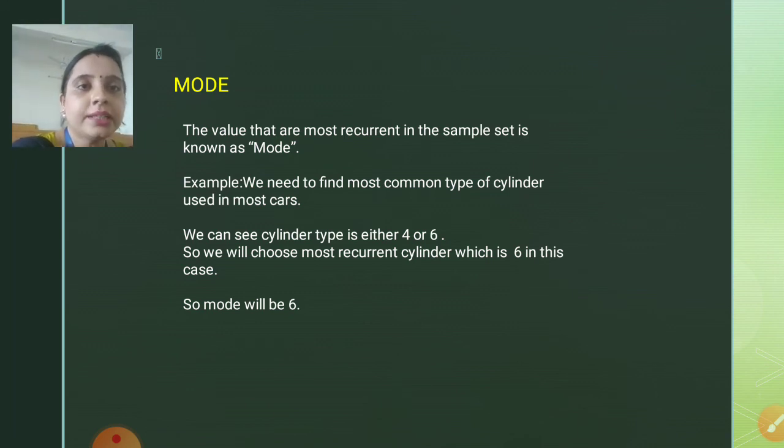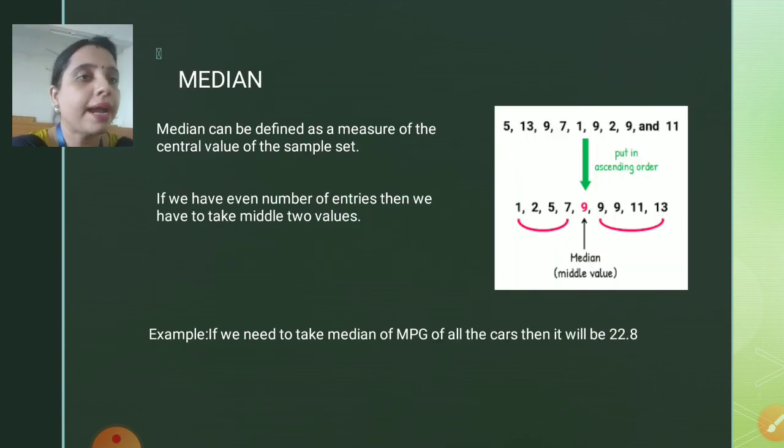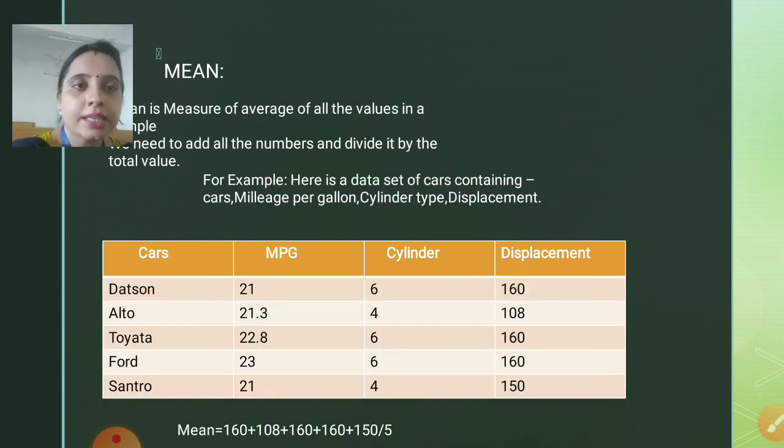The example we can take is the same cylinders used in most cars. We can go back to the same example. In this case, we need to find which type of cylinder is more popular or in more use. When you look at the table, there are two types of cylinders used, 6 and 4.